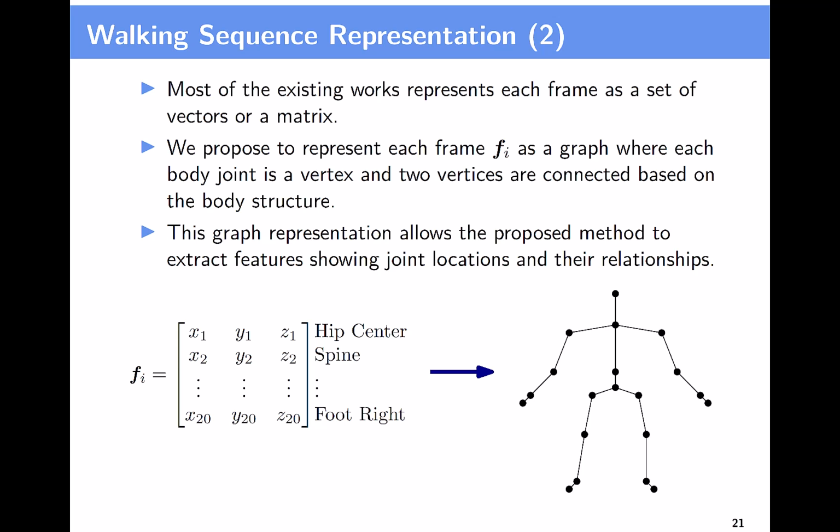A graph can represent the relationship between joints and combine features among neighboring nodes in a more proper way. So in this work, we use a graph to represent each frame. From the left-hand side, where we have a matrix of 20 rows, 3 columns representing a frame, we transform this matrix into a graph where each node is a joint represented by 3 features, their location X, Y, and Z. And they are connected by edges that represent the body structure of a human.